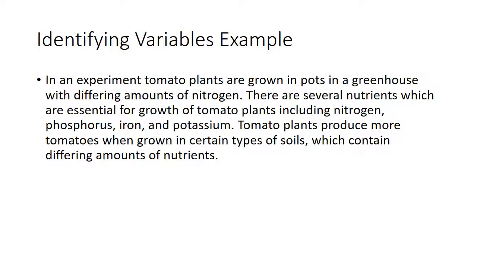Now, the second thing we would find is the independent variable, and we ask ourselves, what is being changed or manipulated within the experiment? And here you can see that we're changing the amounts of nitrogen.